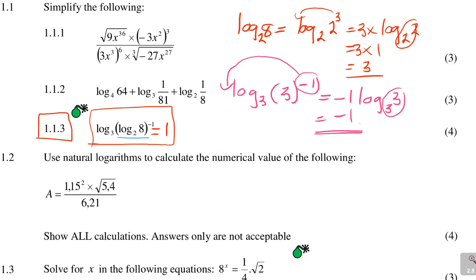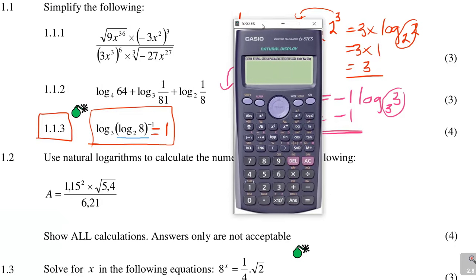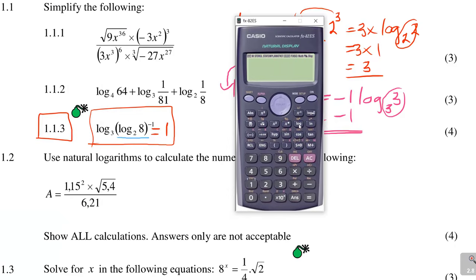I don't know why the calculator gave me a 1, but let me try it again to see if I didn't make an error. We said log base 3. As I said, the challenge here is it will open its own bracket, so you just need to be careful in the way it does. So I've got log base 2, and then I've got 8.